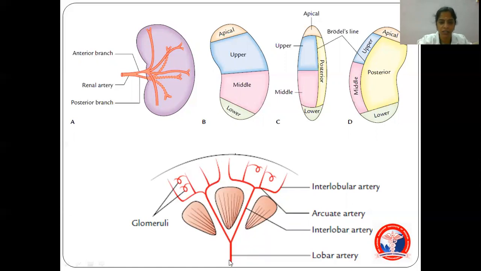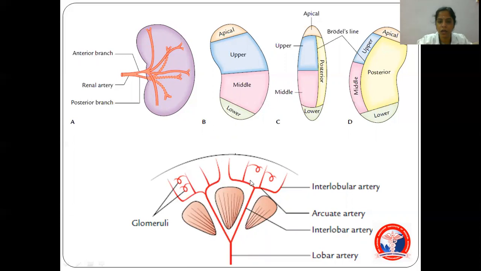Here you can see the segmental branch goes to a particular segment and continues as the lobar branch. This lobar branch passes in between the pyramids and is named the interlobar artery. So in between the pyramids, we have the branch of the lobar artery named the interlobar artery.